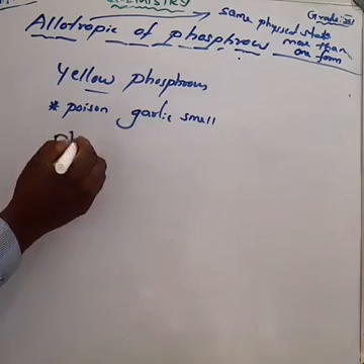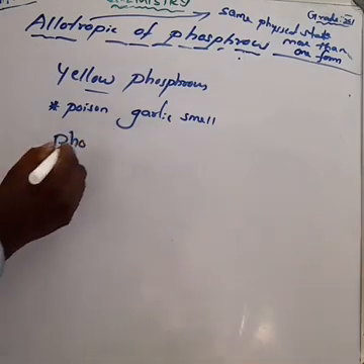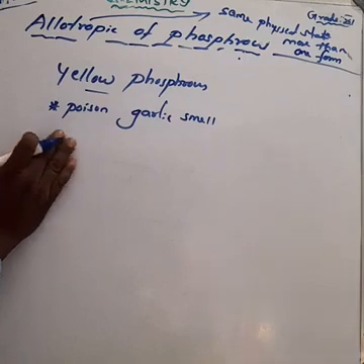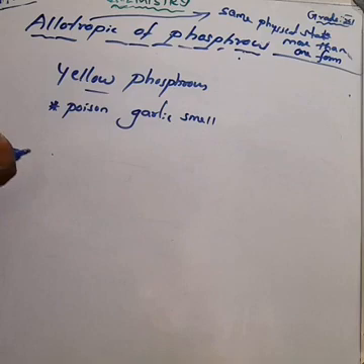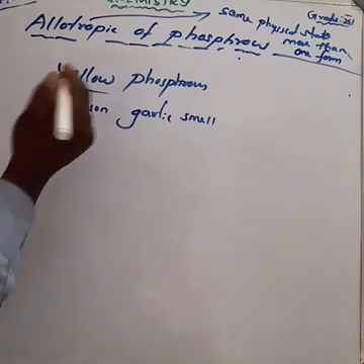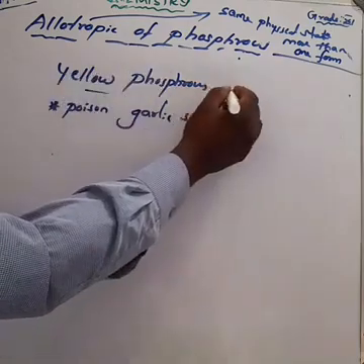Once again, listen all of you. White phosphorus is colorless. It is the freshly prepared white phosphorus that is colorless. It becomes pale yellow due to the formation of a layer of red phosphorus upon standing.